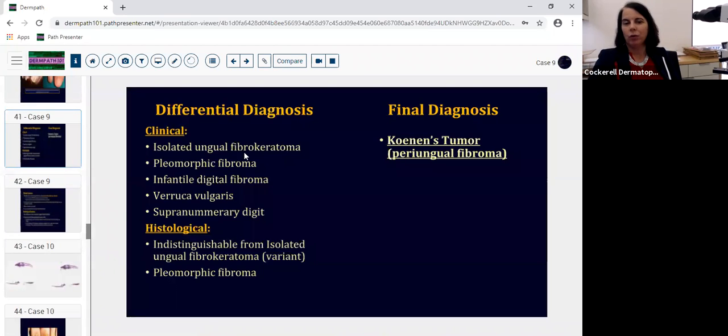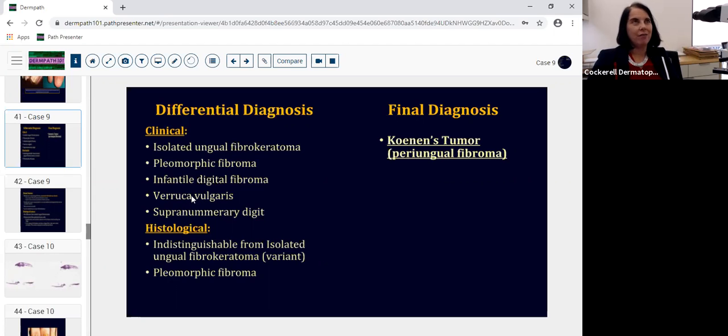Clinically, isolated ungual fibrokeratoma, pleomorphic fibroma, which you'll see more pleomorphic fibroblastic cells. In infantile digital fibroma, usually you'll see fibromatosis and some inclusions, and this was not looking like a verruca vulgaris at all. You don't see any viral cytopathic effects, and you don't see any papillomatosis.